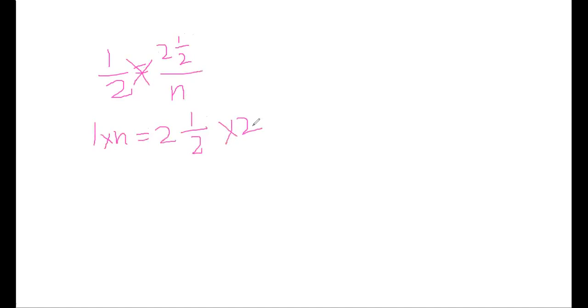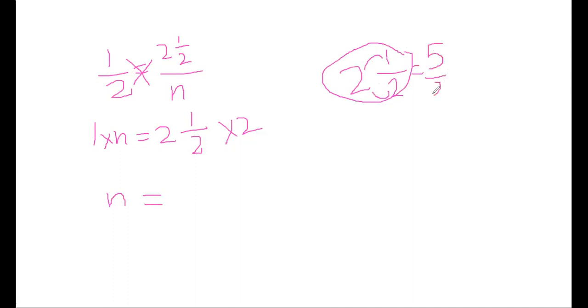Is this step clear? 1 times n is n. Now this one is a mixed number, so I will change the mixed number into a fraction. 2 times 2 is 4, plus 1 is 5. So 2 whole 1 over 2 can be written as 5 over 2.